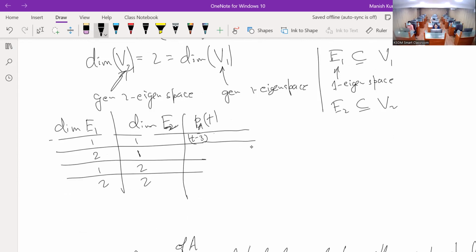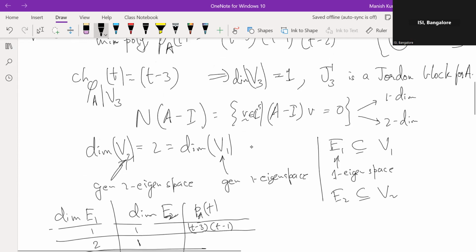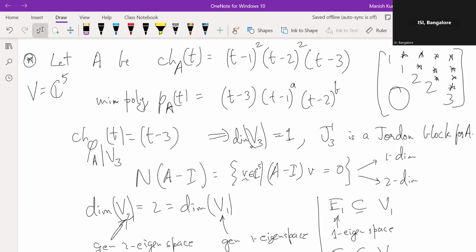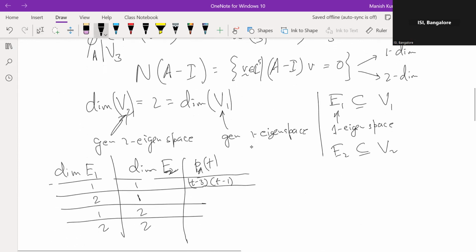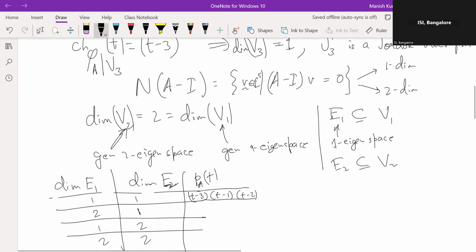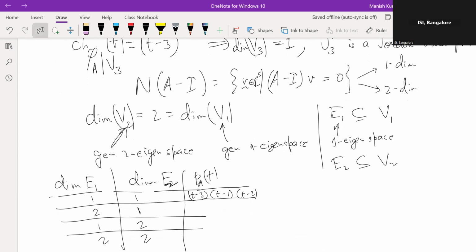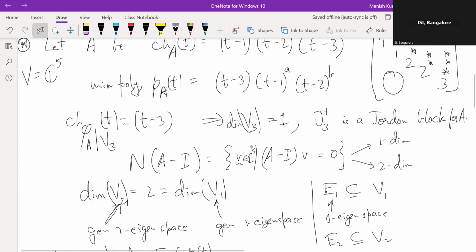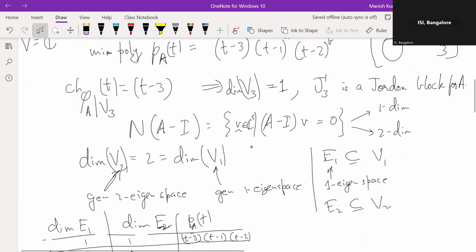T minus 1, and t minus 2. It has to have 3 distinct factors at least. You'll have to tell me what a and b are. What should be the exponent of t minus 1? We know it has to be 1 or 2, right?